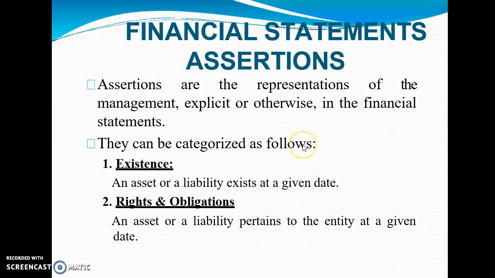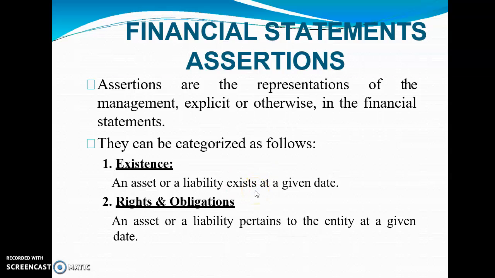You refer to the balance sheet, and as the auditor you have to determine whether the assets and liabilities really exist at the given date, because sometimes fraud may occur relating to PPE, property, plant and equipment, where the asset actually does not exist but the receipt is fake.